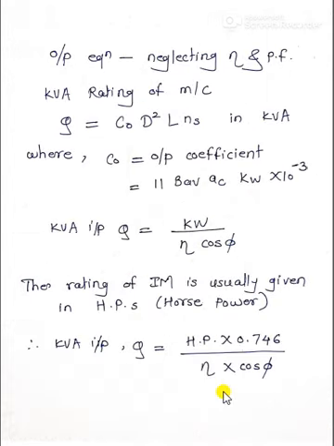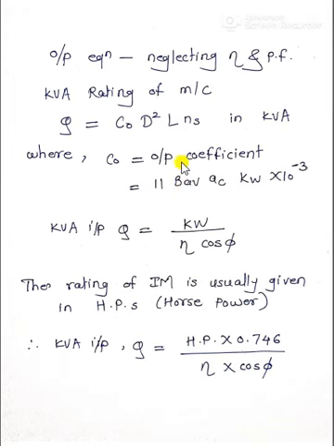Now next part is what? If we are neglecting this efficiency and power factor, then as power factor is removed, we are getting the equation in terms of kVA, and as efficiency is neglected, that is an input equation. So kVA rating of machine, capital Q, is C naught d square L ns, and this is in kVA.